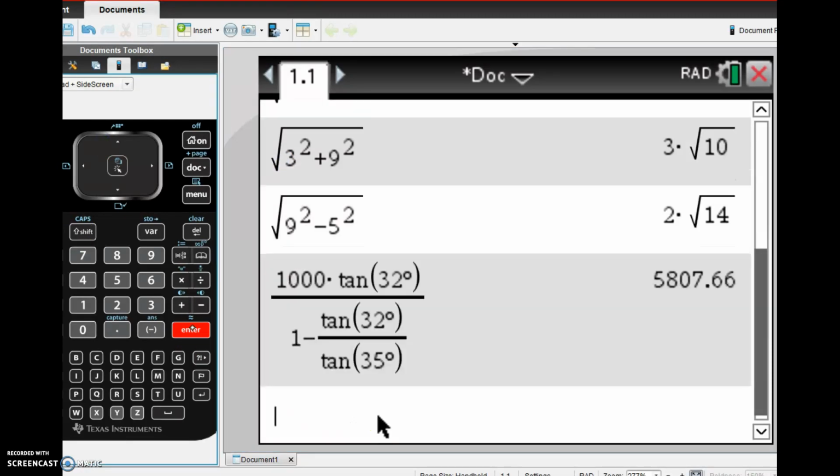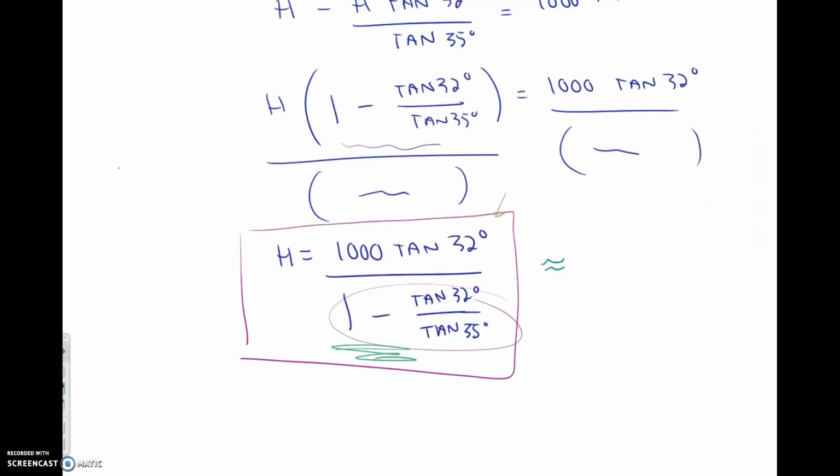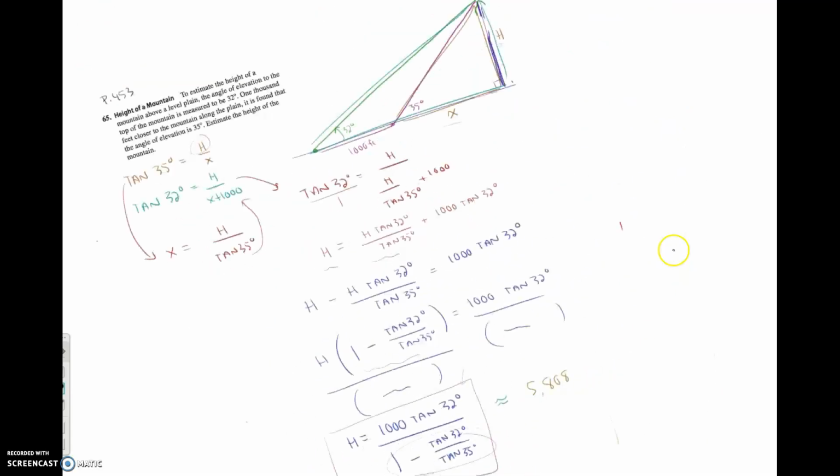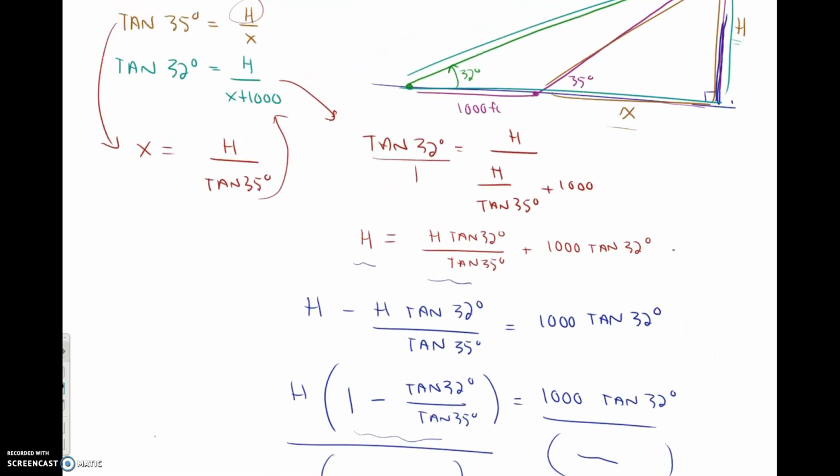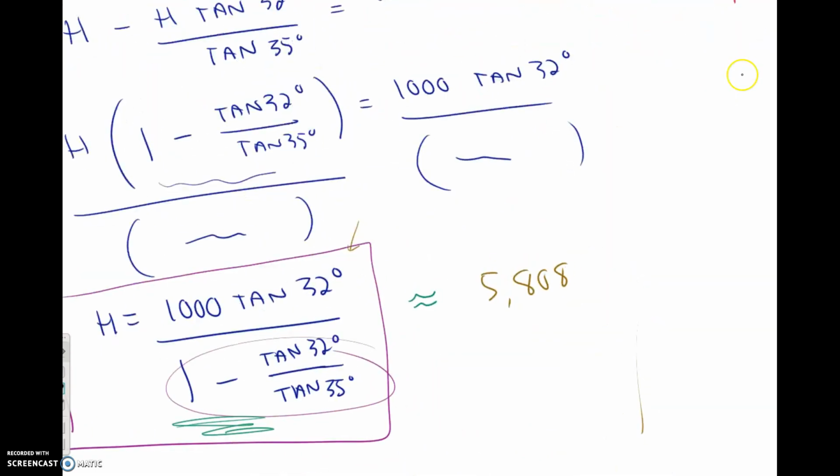Control, enter. 5,808 units. Since this 1,000 was in feet, I'm assuming my h is going to be in feet. Boom.